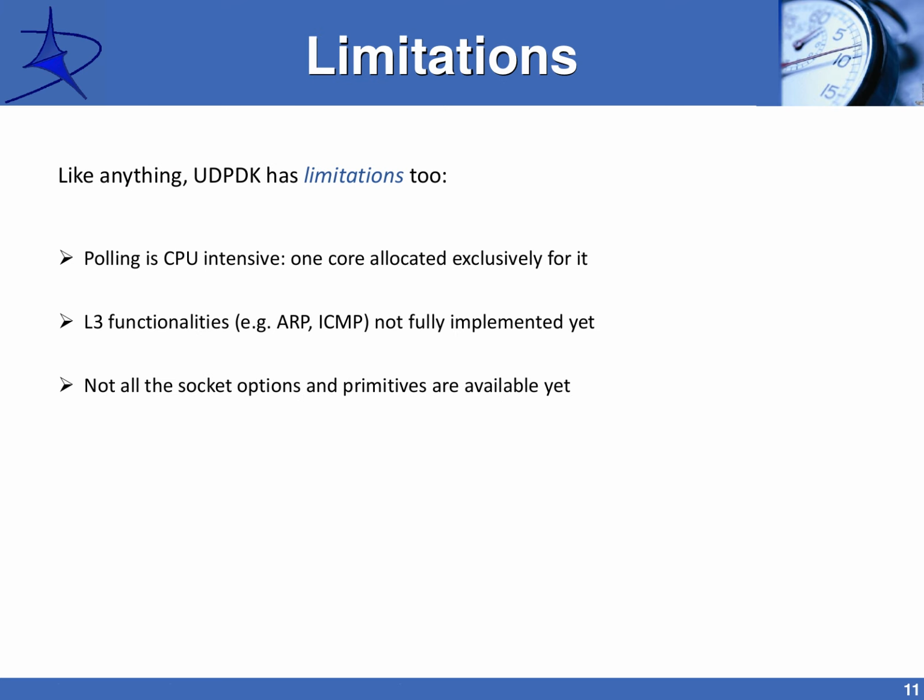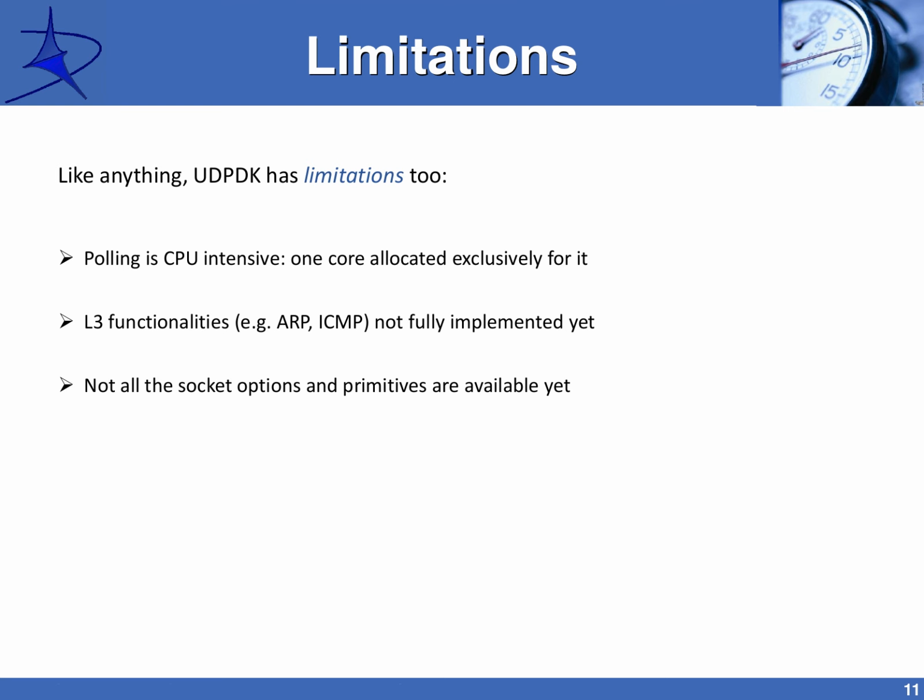Perfection does not exist, and of course UDPDK also has some drawbacks and limitations. The most significant one is that polling is a CPU-intensive operation, and while it provides benefits in terms of latency and throughput, it also occupies one core, and consequently the power consumption is higher too.